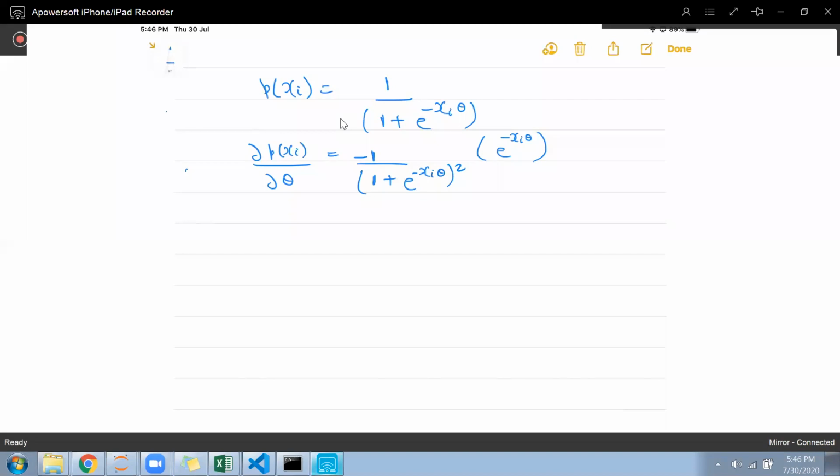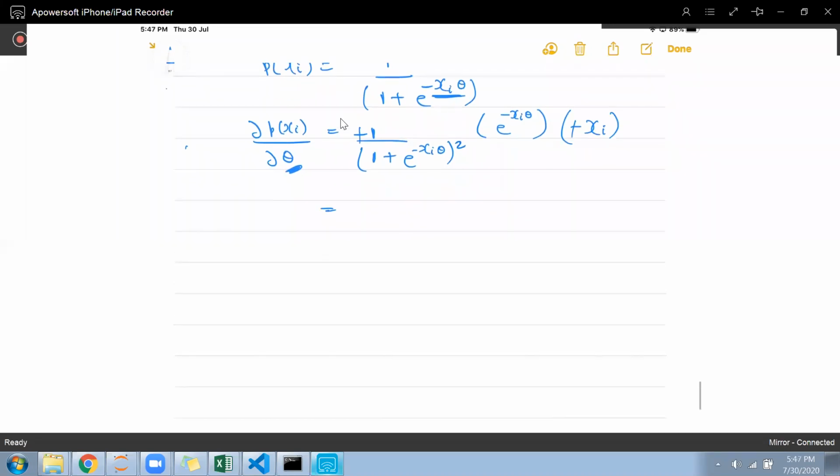Now I'll find the derivative of this part. So what will be the derivative of minus xi theta? It will be minus xi only, because we are differentiating with respect to theta. So this theta will vanish and only xi will remain. So this minus minus will become positive.